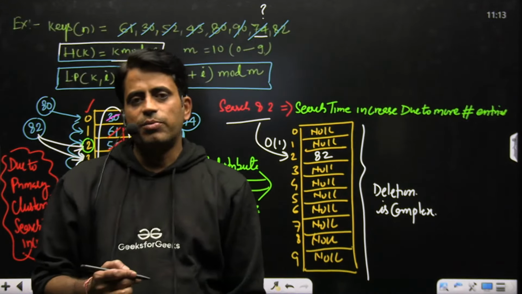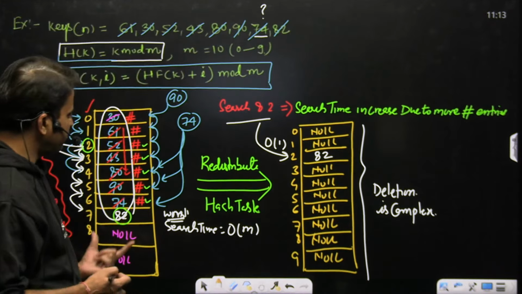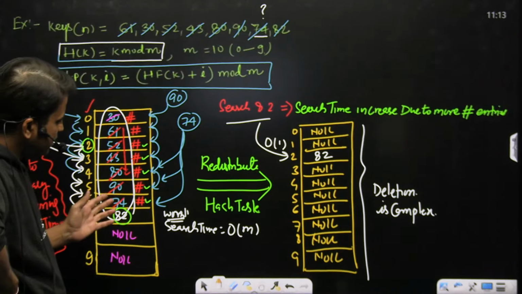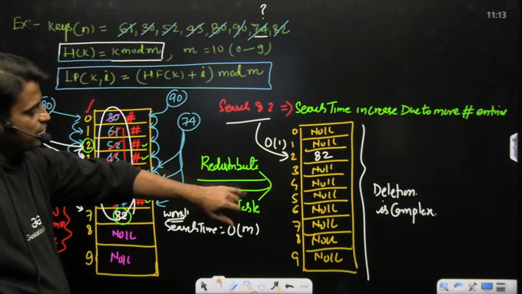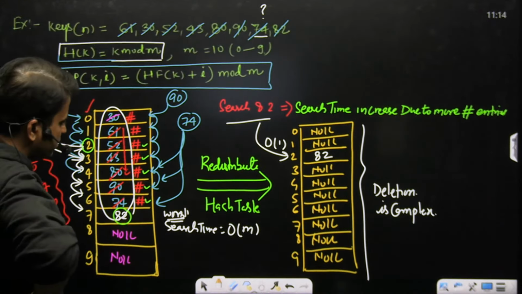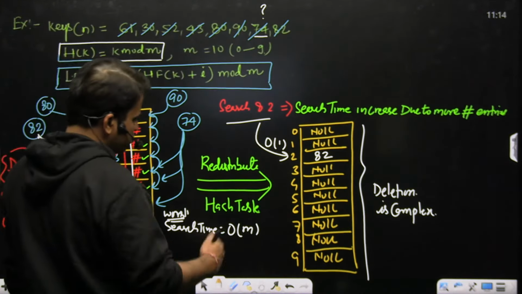Why deletion is complex? Because deletion के कारण आपको क्या क्या प्रॉब्लम्स फेस करनी पड़ रही हैं. ज़्यादा डिलीशन हो गए तो भी सर्च टाइम इंक्रीज हो रहा है. Then you have to redistribute hash table. So that's why deletion is complex, because you have to redistribute hash table.